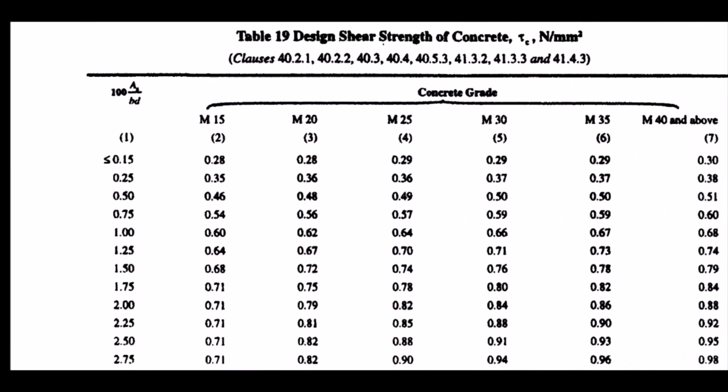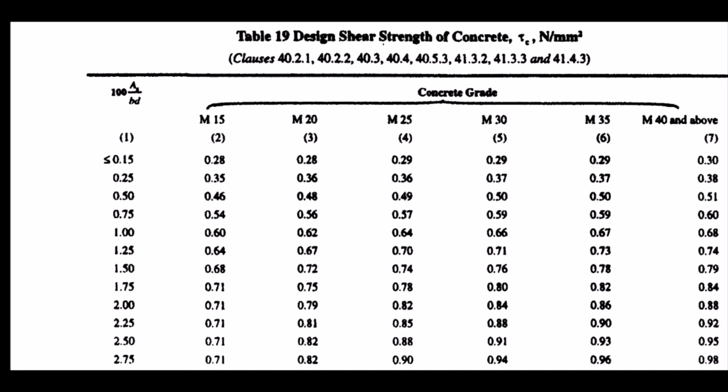Now this is table number 19 of IS 456 2000, design shear strength of concrete tau C in Newton per millimeter square. The first column is 100 Ast by bd, that means percentage of steel, which is 0.33 in our case. There is no value for 0.33, but 0.33 lies between 0.25 and 0.5.